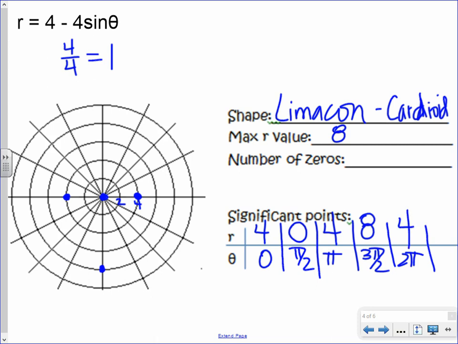Now, is this a triangle? No. We know that at the pole is where we're going to get that point for the heart-ish shape of our cardioid.